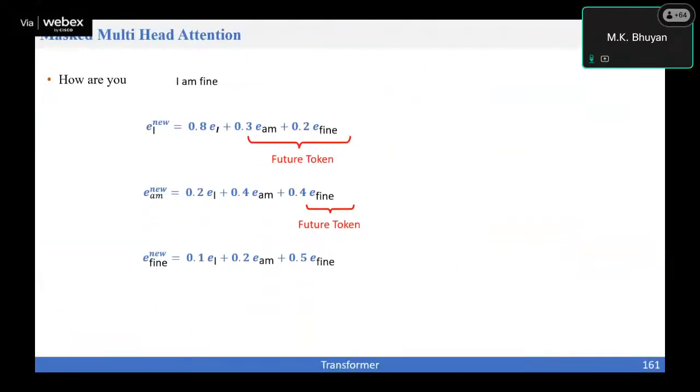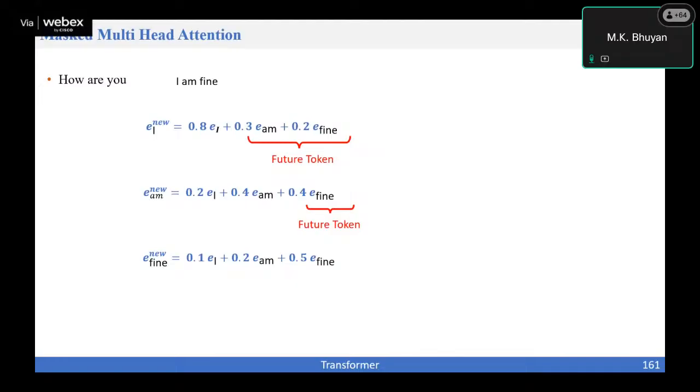So you can see, consider the sentence: how are you, I am fine. If I do the decoding of this, there is a new embedding for I. So the first one is I, but I do not know am and fine. That is the future token. I should not consider this am and fine. After this, come to the next one, that is a new embedding for am.